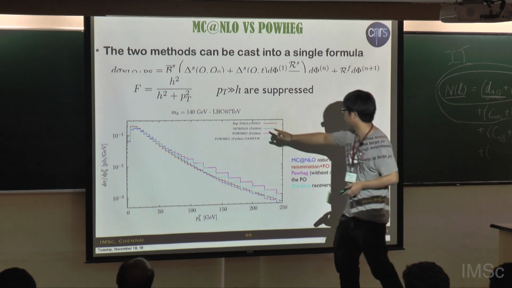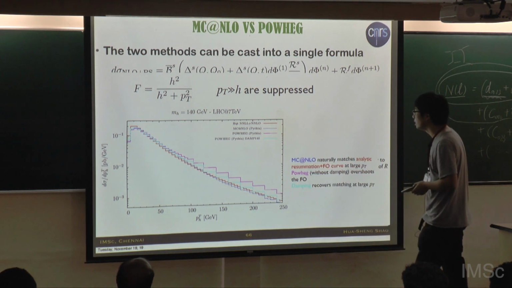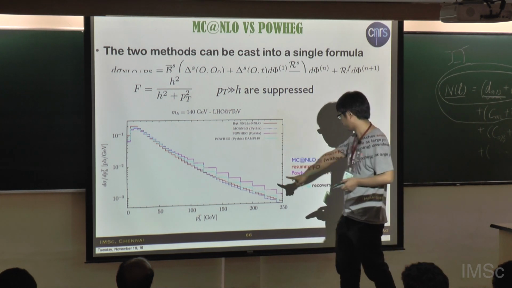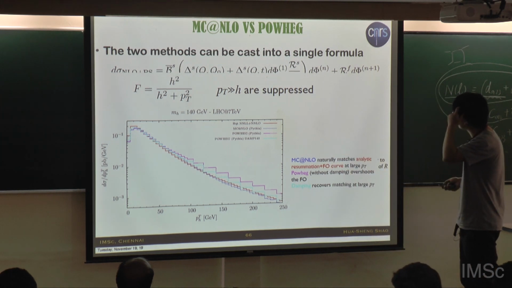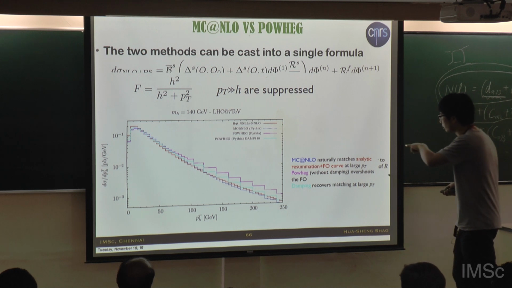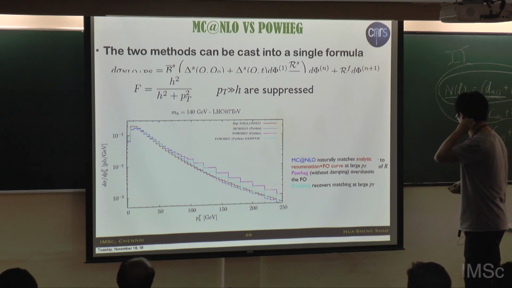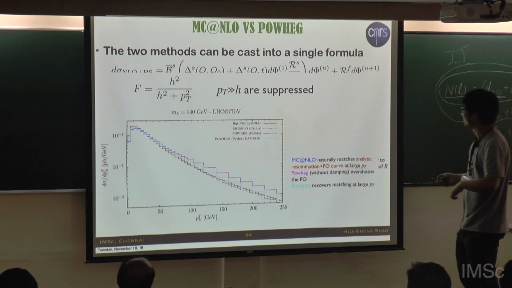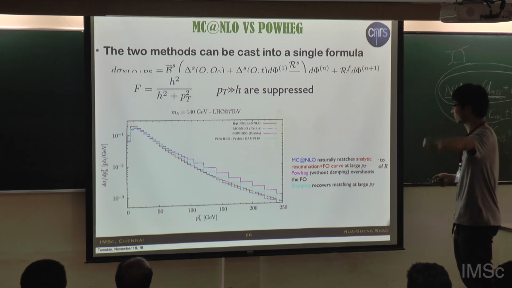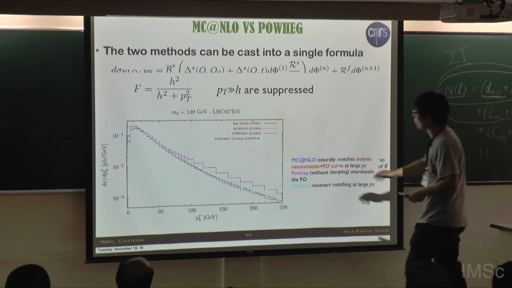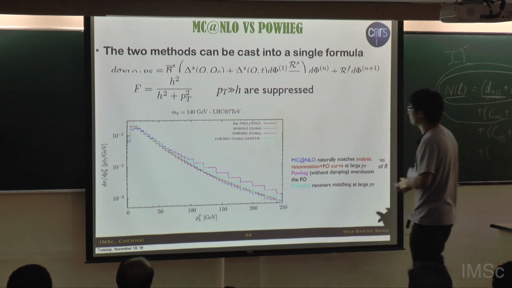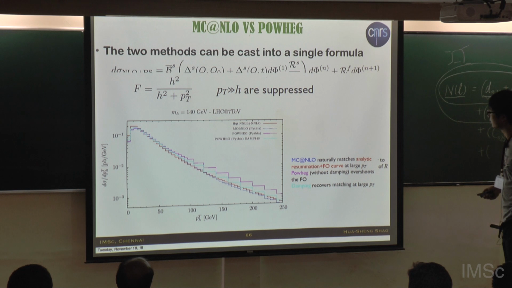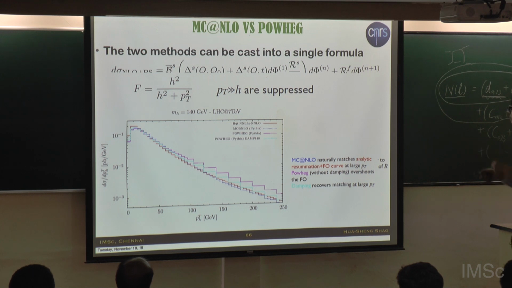The red one is next-to-leading order with next-to-leading logarithmic resummation. MC@NLO is blue dashed, and POWHEG is magenta dashed. And this is just no damping, F equal to 1. And this other one is with damping factor h equal to 140.